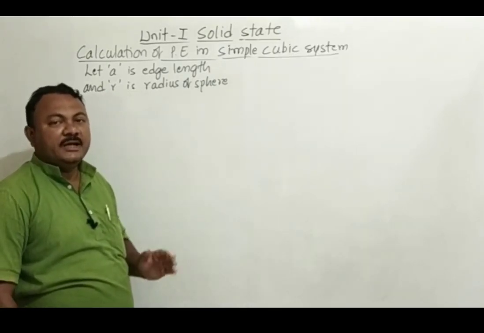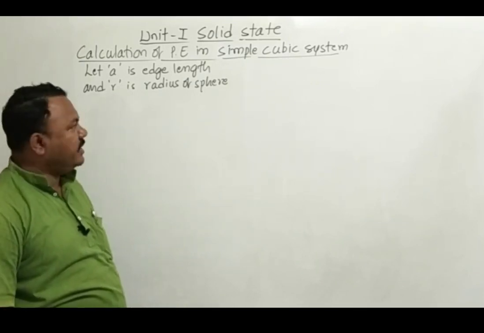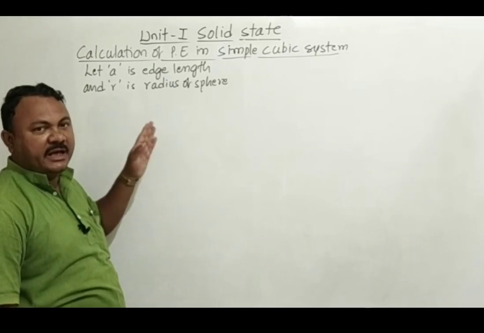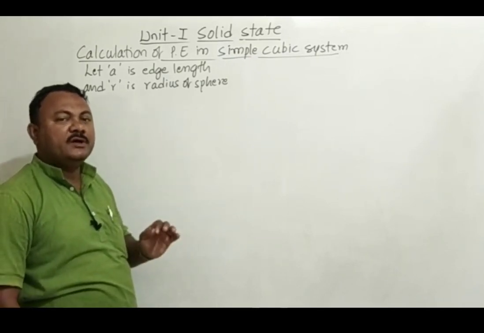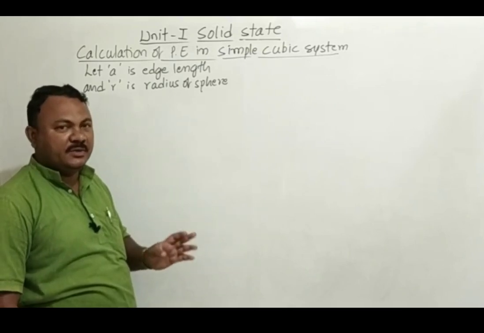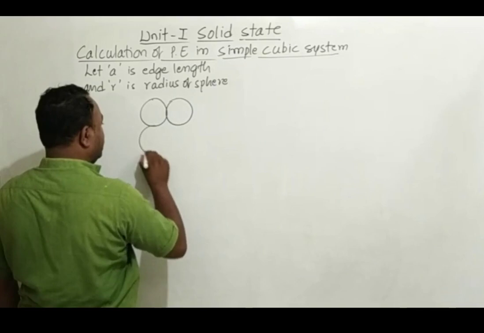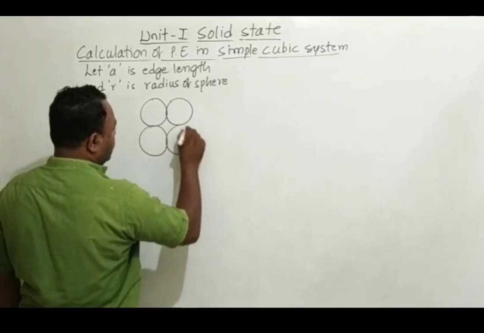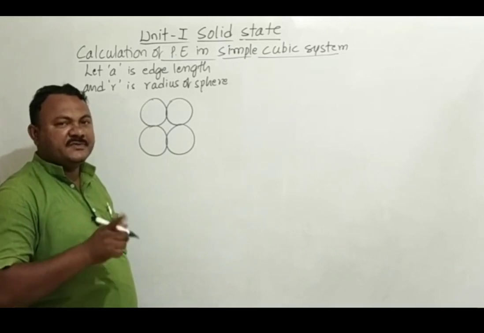Now we take the last calculation, packing efficiency in a simple cubic system, and we do the same consideration once again. A edge length, R radius of the atom. In this calculation we are not considering entire unit cell, it's not required. We are considering 4 spheres present at the 4 corners.